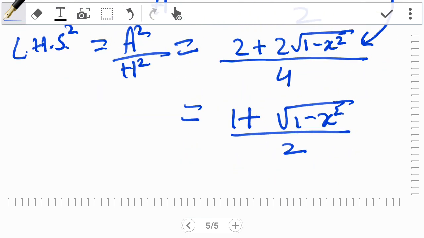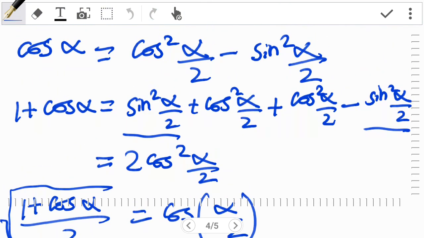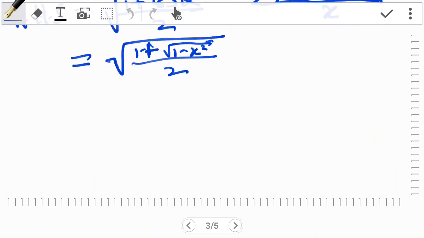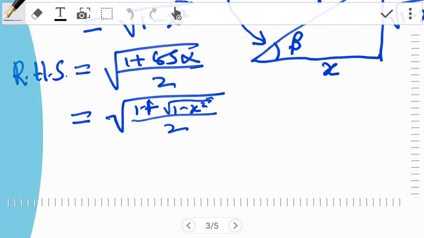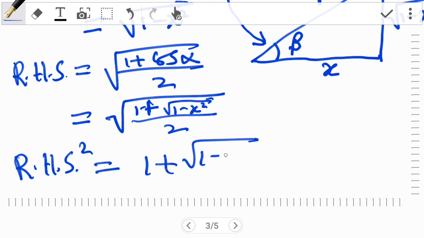What is RHS square? We know that RHS is this. So RHS squared is also (1 plus root of 1 minus x squared) by 2, right?